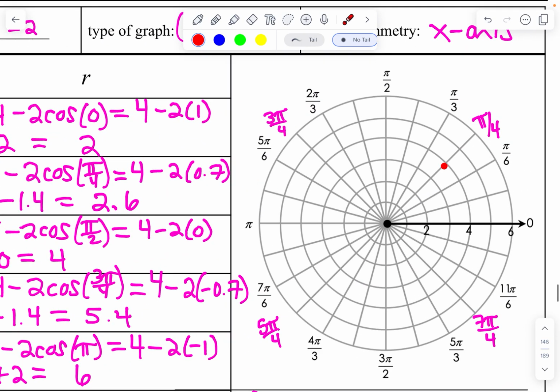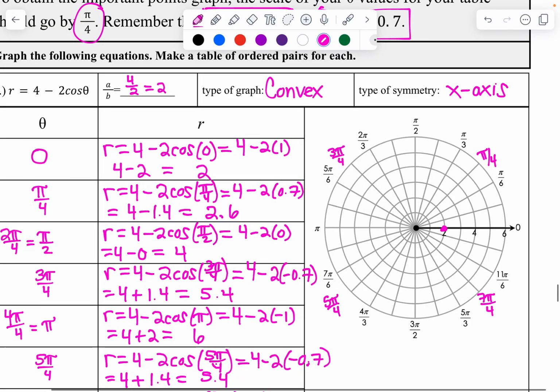All right, so at 0, we're out at 2. At pi fourths, we are at 2.6. At pi over 2, we're at 4. At 3 pi over 4, we're at 5.4.